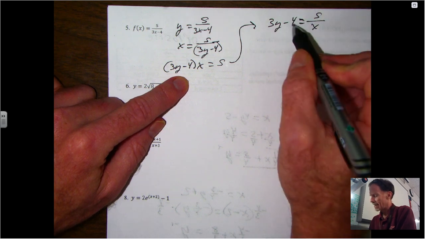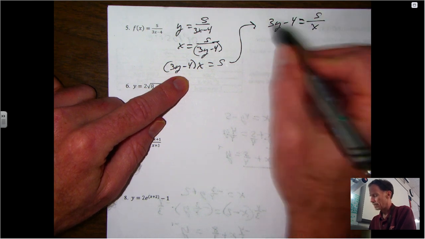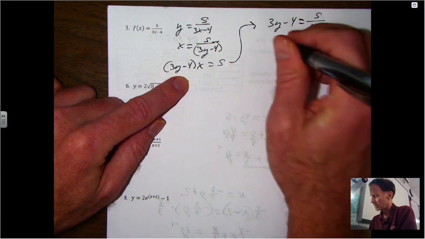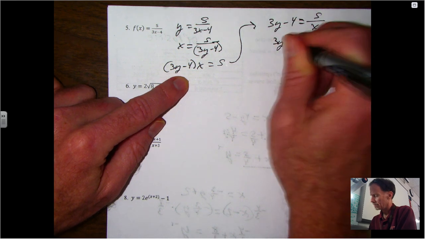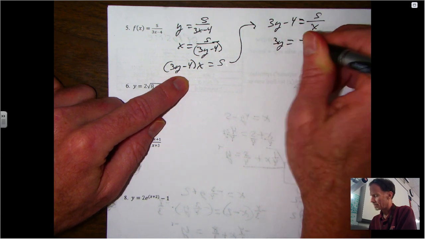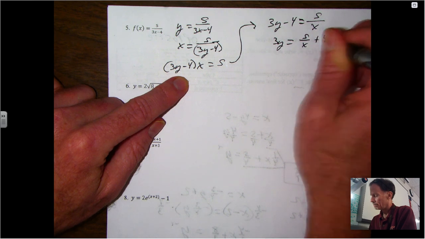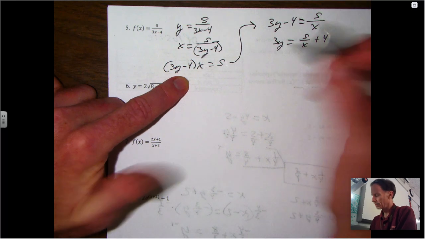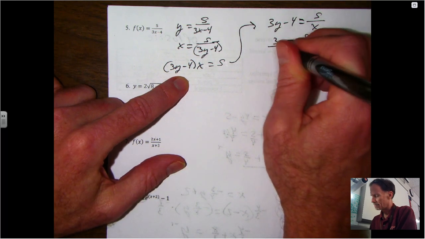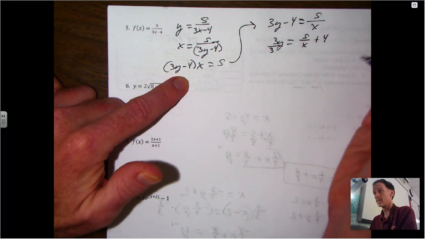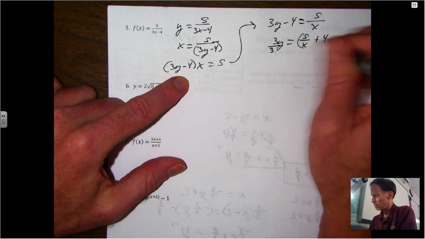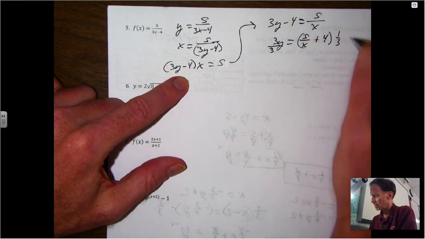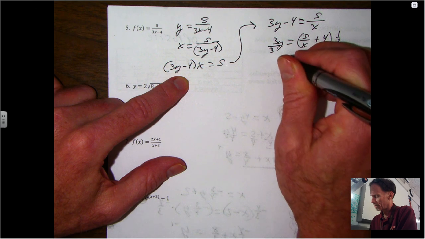And now I can just keep on getting y by itself. So add 4 to both sides, 5 over x plus 4. And then I can divide by 3. Remember, dividing by 3 is the same thing as multiplying by 1/3. So if I multiply both sides by 1/3, it makes it a little bit easier to write.